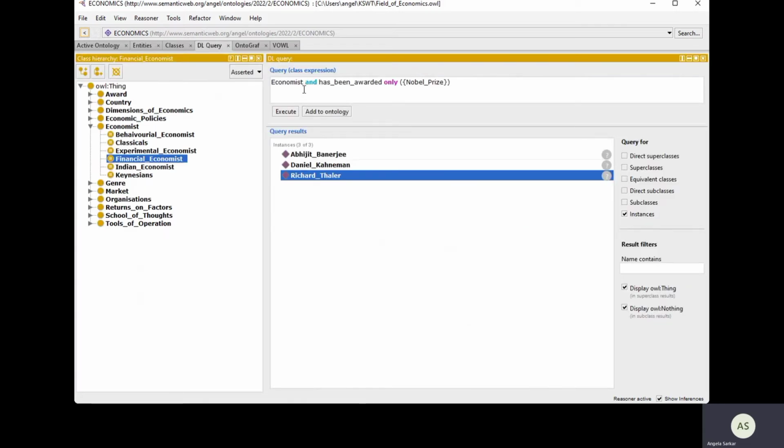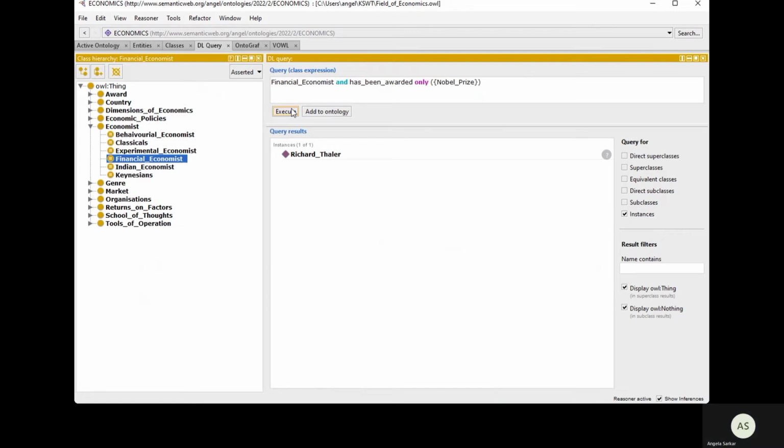If I want to see only financial economists who have been awarded, only Richard Thaler is coming. Yes, exactly. So that shows that it's correct, and the ontology answers what I want to find, on the same line.